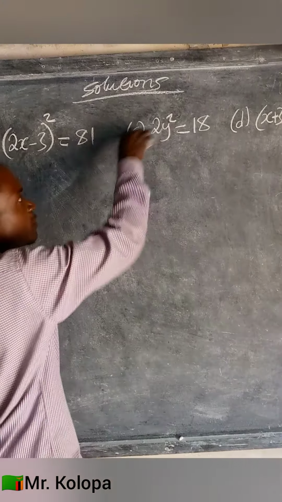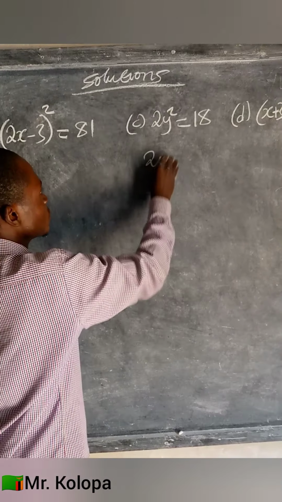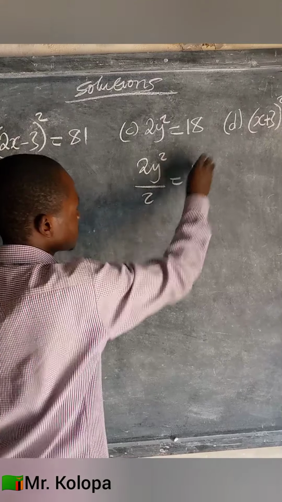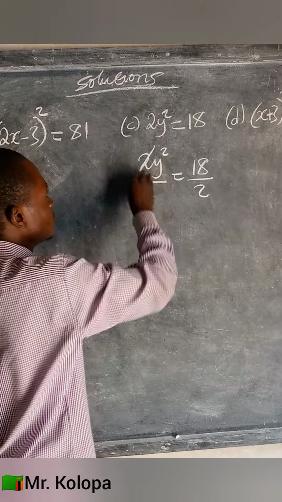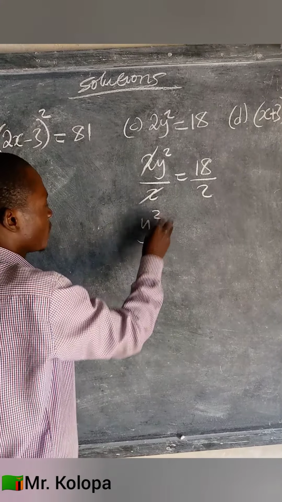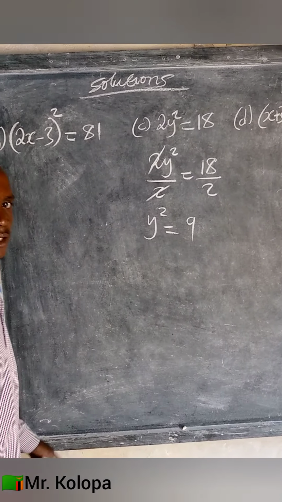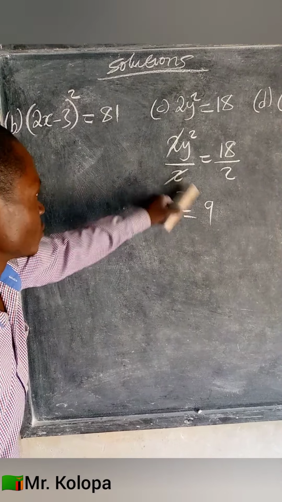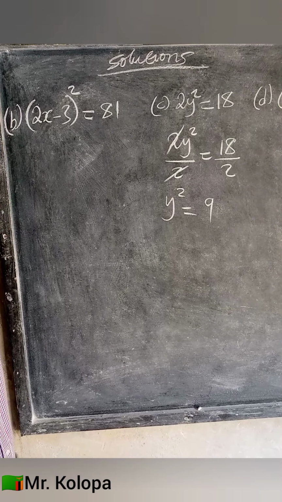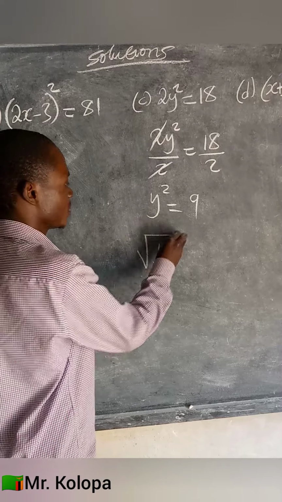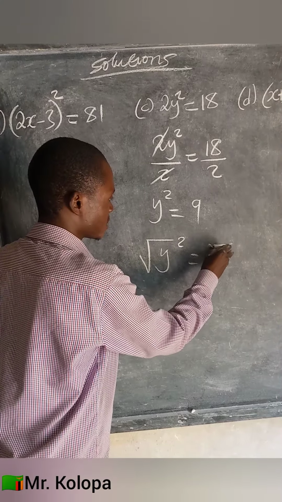So now how can we remove the 2? We need to introduce the 2 both sides, so that we have y squared is equal to 2 into 18, we get 9. Now there we need to get rid of the squared by introducing the square root both sides.